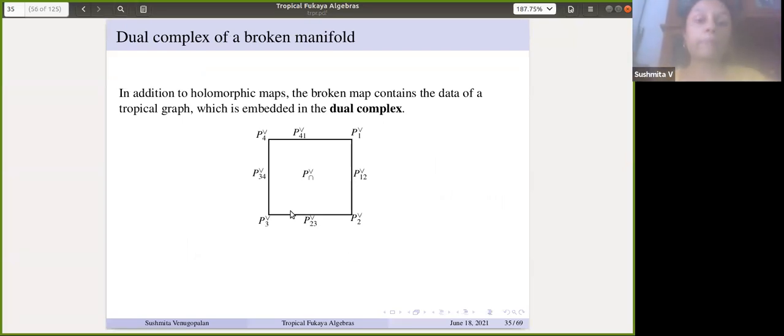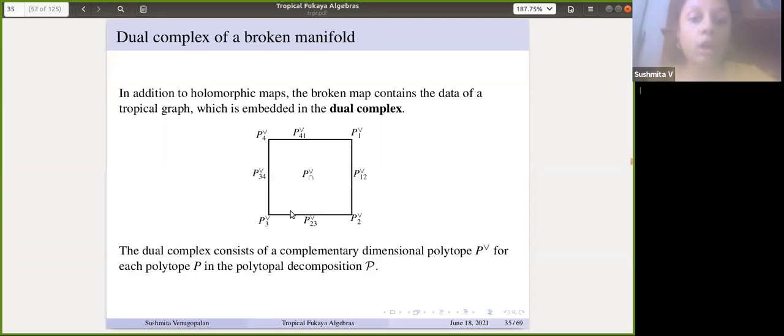And the broken map, in addition to a collection of maps, also consists of a tropical graph. And the tropical graph lives in something called a dual complex. So in this example of a single cut, we saw that the tropical graph lived on a line segment. Now we are stretching in 2 directions, so the natural guess for a dual complex should be just a product of 2 line segments. And indeed, this idea can be generalized to any polytopic decomposition.